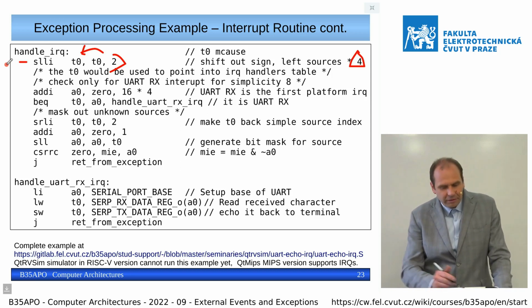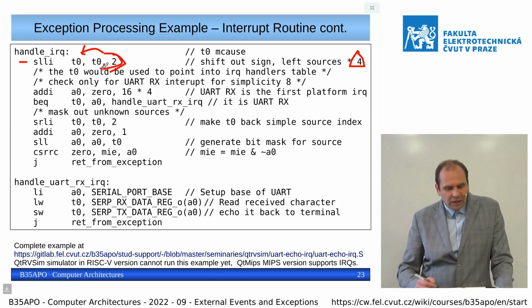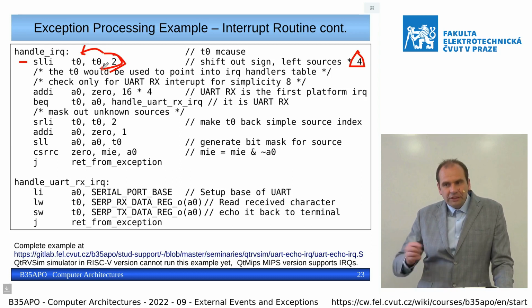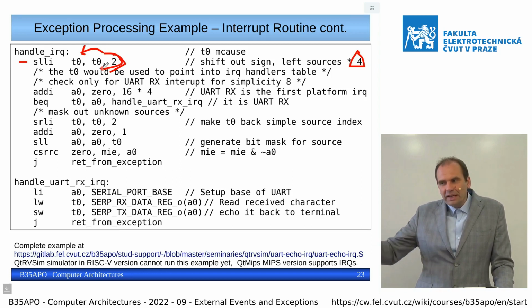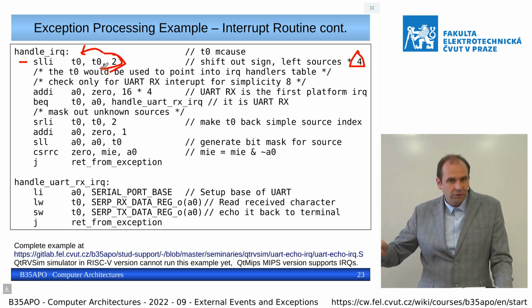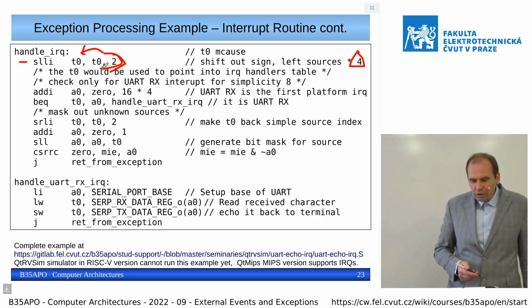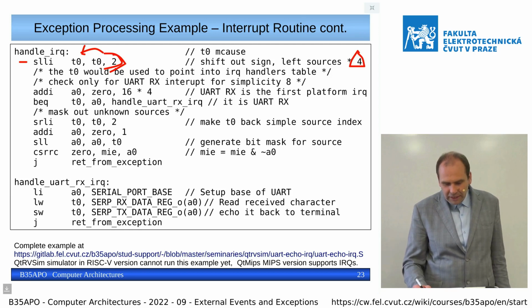So at this moment we have the cause multiplied by 4, which can point directly to some table with pointers to the handlers for the serial port, receiver, transmitter, and so on. So it is easy to decode the source and then call the function directly.